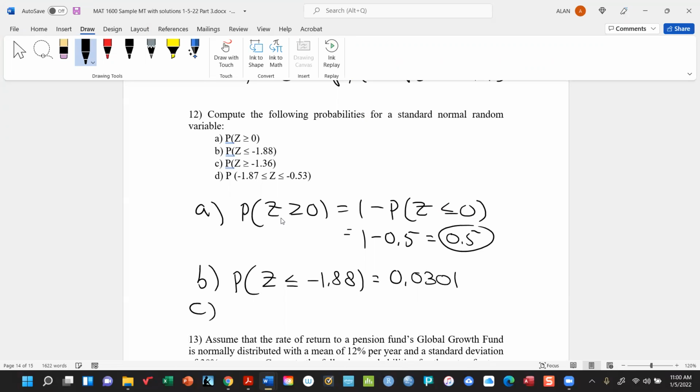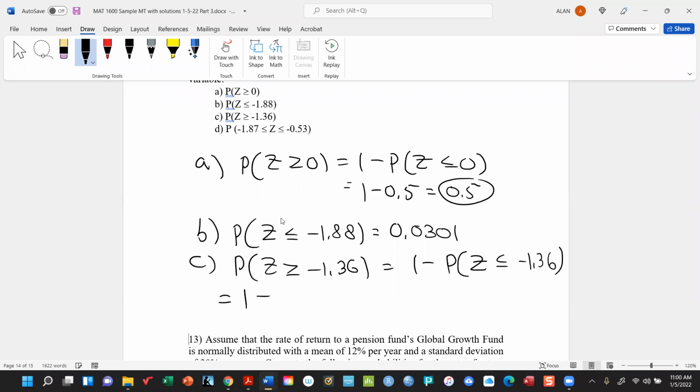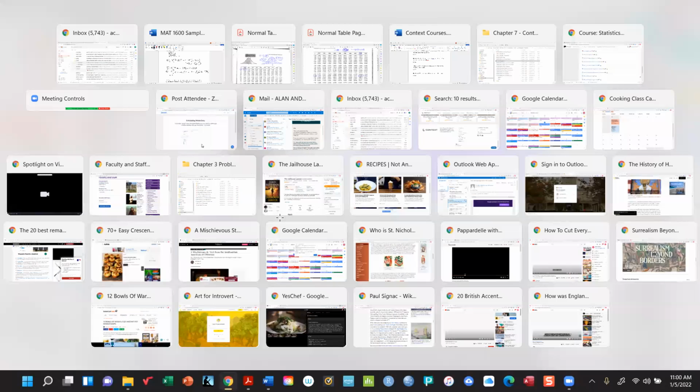Now for this one, greater than or equal to negative 1.36, right away, we know that this can be rewritten as 1 minus the probability that z is less or equal to negative 1.36. And again, we just go right back to the negative table.